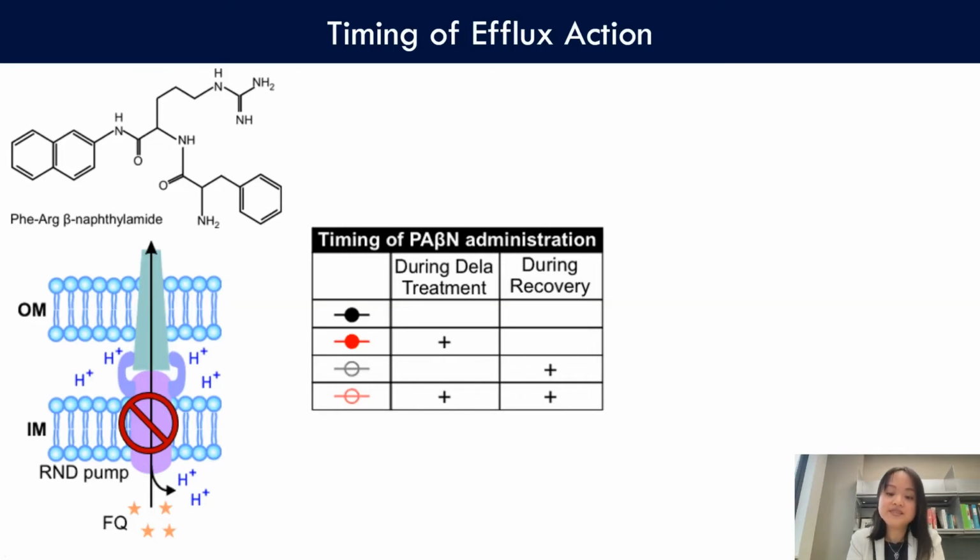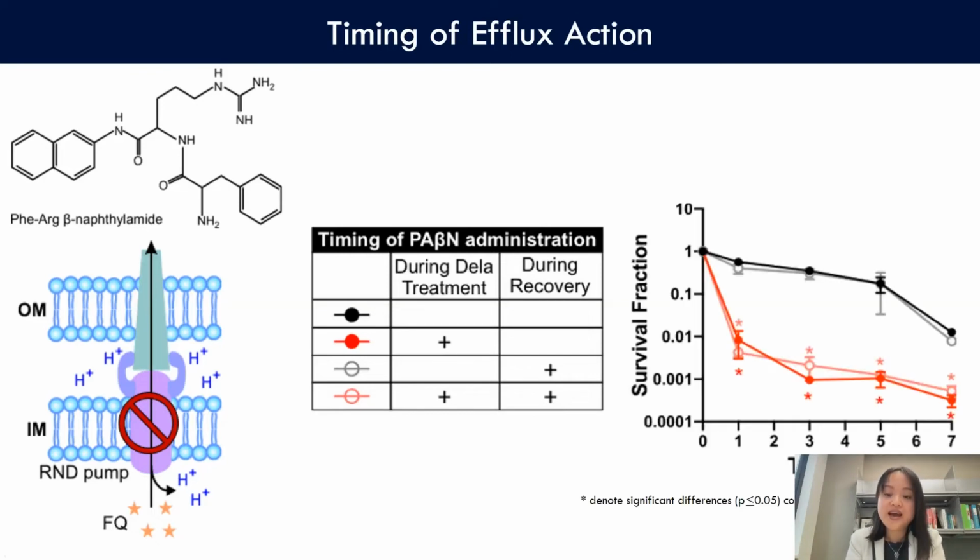And so when we carried this out, we saw that when PAβN is added together with delafloxacin, as you can see in the red curves here, survival of the population decreased by about 10 to 100-fold compared with cells that were treated with delafloxacin alone. And this is similar to what we had observed with the genetic mutants that you had seen a few slides ago.